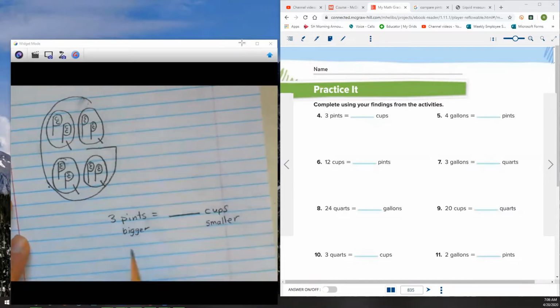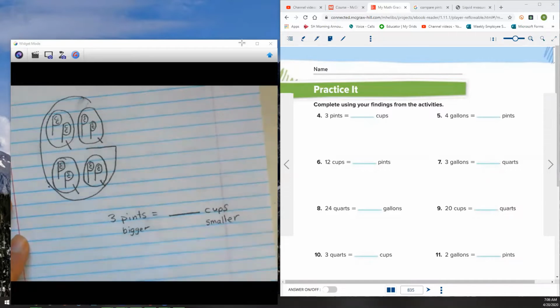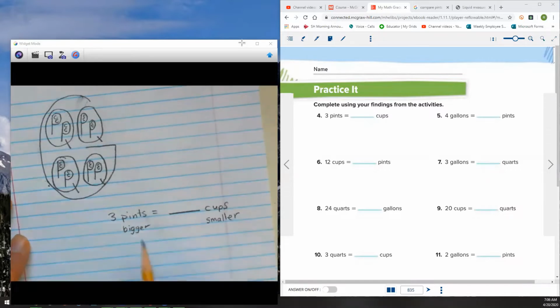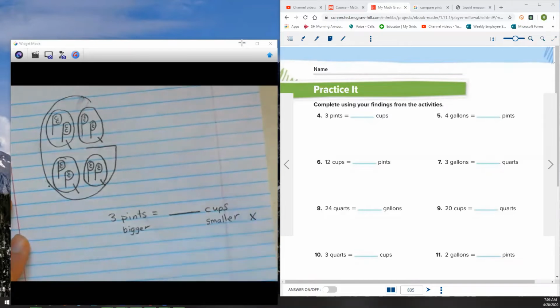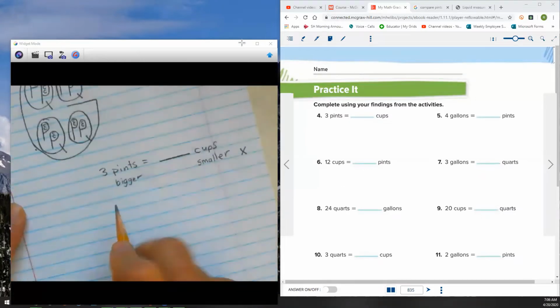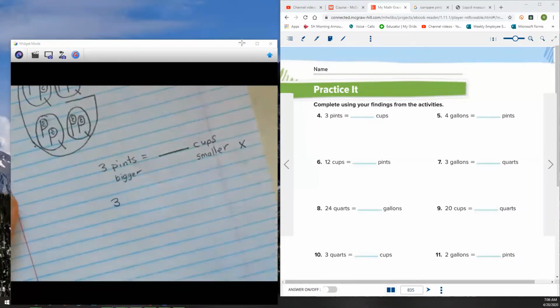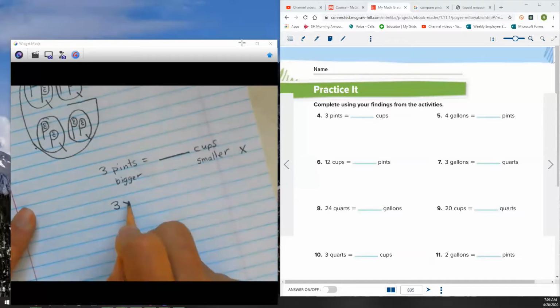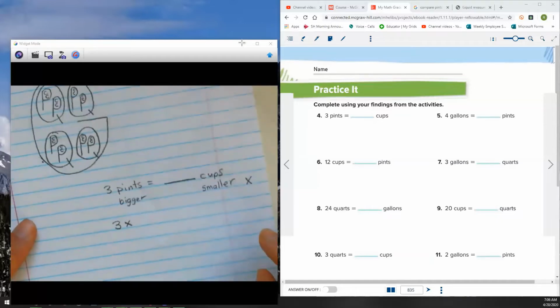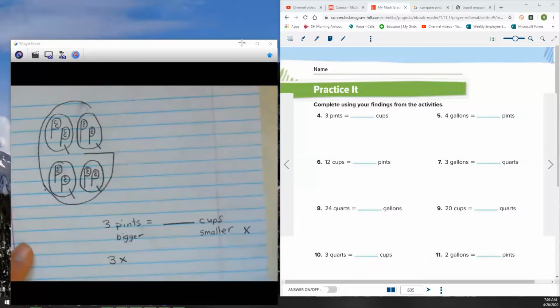Now remember, when I go shakes, buys, donuts, that means smaller to bigger, divide. So when I go from a bigger unit of measurement to a smaller unit of measurement, I am going to multiply. And that's what I'll do. I'll take my 3 pints and multiply it by the number of cups that are in 1 pint. Let's go look at my big G chart here.